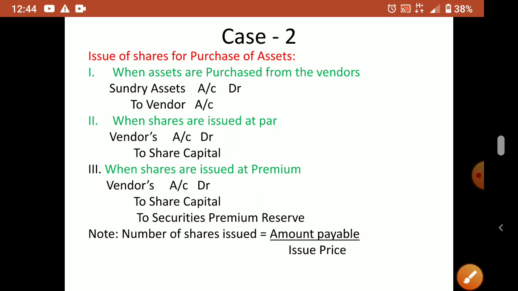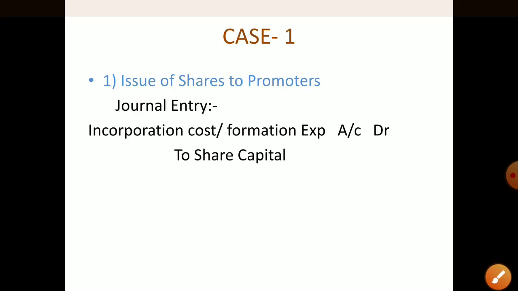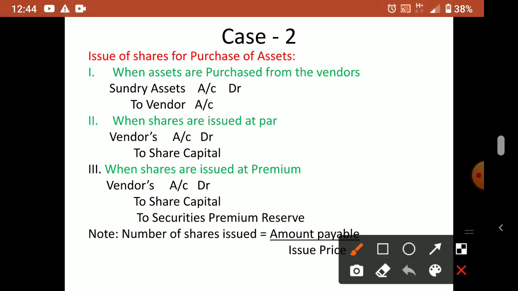Okay, so sometimes only the amount is given, we purchased something for this much amount, so we have to calculate the number of shares issued. To calculate the number of shares issued, the equation is amount payable divided by issue price.